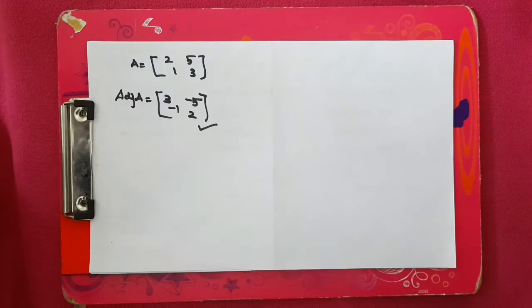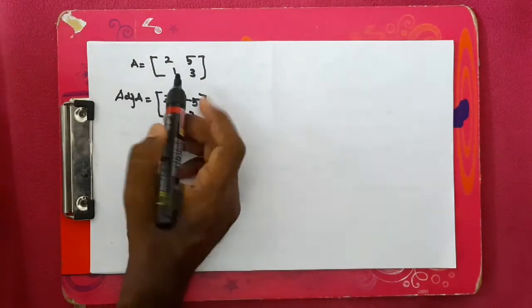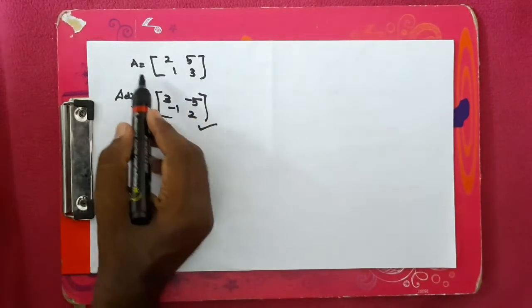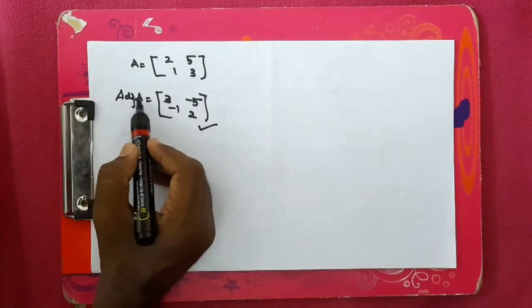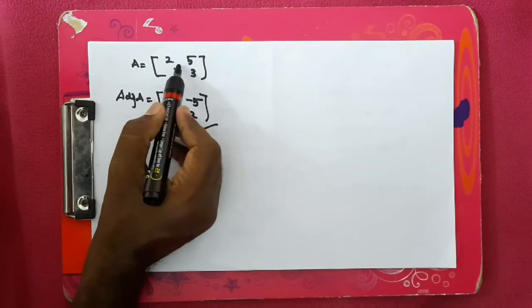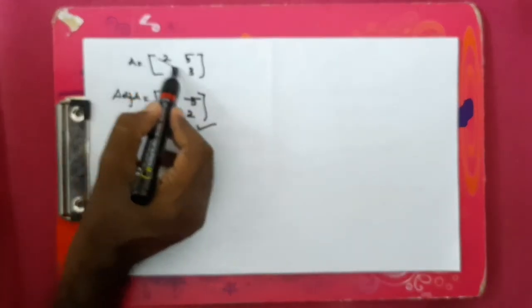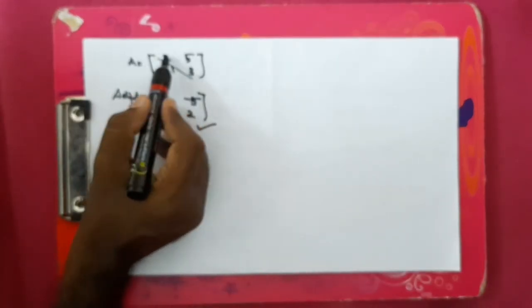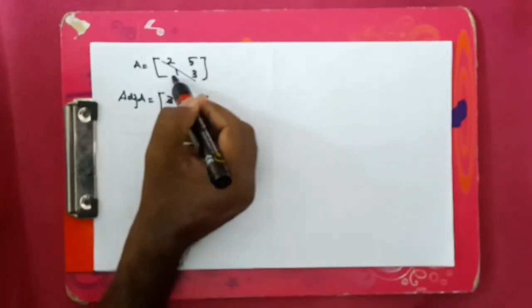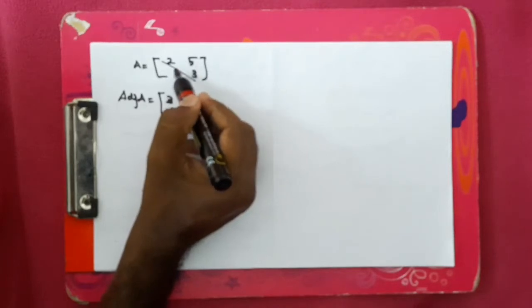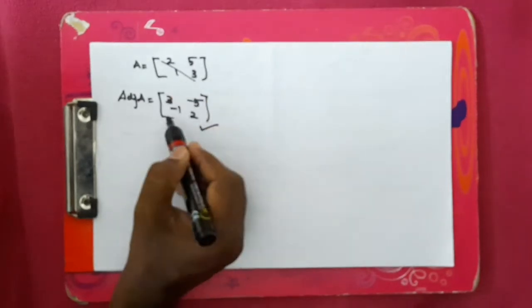Here I have given a matrix A = [2 5; 1 3], and we want to find the adjoint of this matrix A. It's a very simple process. Write adjoint of A equal to: in the first diagonal, you interchange the numbers 2 and 3, so it becomes 3, 2. Then in the other diagonal you change the sign, so here minus 5, here minus 1. That's all.